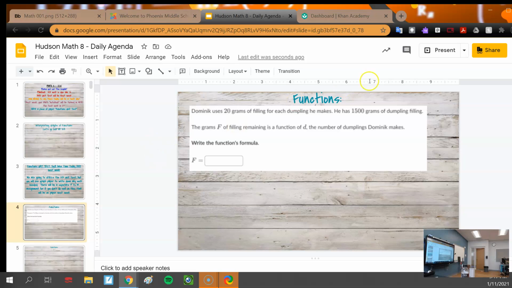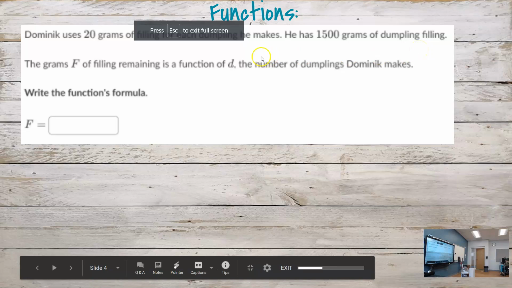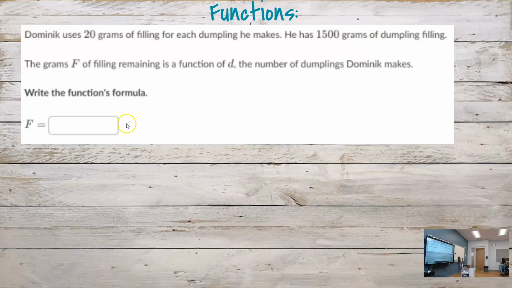Alright, so this question: Dominic uses 20 grams of filling for each dumpling he makes, and he has 1,500 grams of dumpling filling. The grams F of filling, guys, and this is legitimate math that you will do in the real world. Maybe not dumplings, but you'll start with a quantity and want to figure out how many can I make?